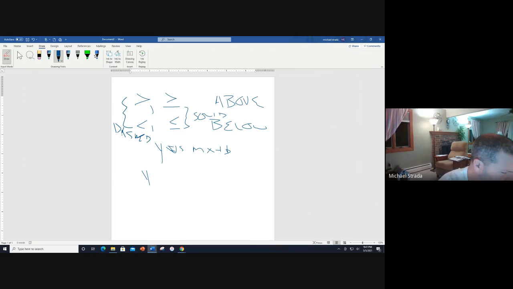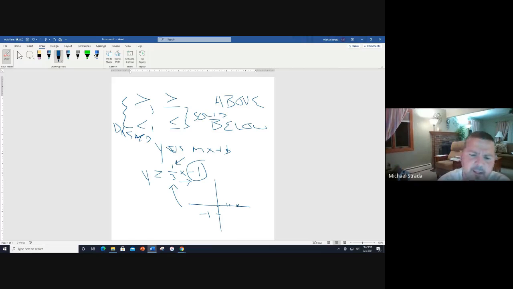All right, let's say y is greater than or equal to 1/3 x minus 1. We would start with the y-intercept, which is the negative 1. The slope then is 1/3, which means I go up 1 and over 3. So from that point, I go up 1 and over 3.